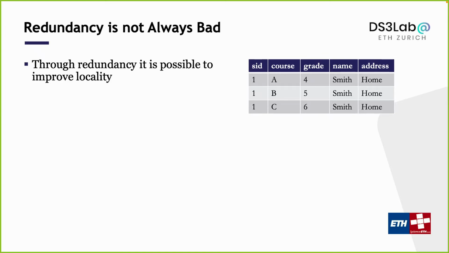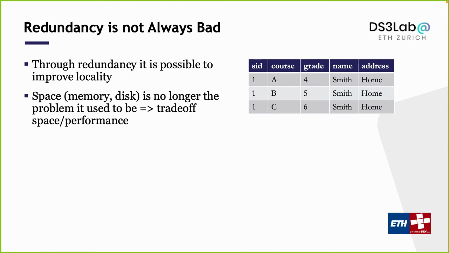Because then you do not need to join these two relations together every single time you use that piece of information. You can just sequentially scan this relation. Whenever I have the student and the course, I have the address with me. So if you have a workload like that, sometimes introducing redundancy could give you some benefit. Especially today, when memory and disk are becoming cheaper and cheaper, the trade-off between storage and performance starts to shift.